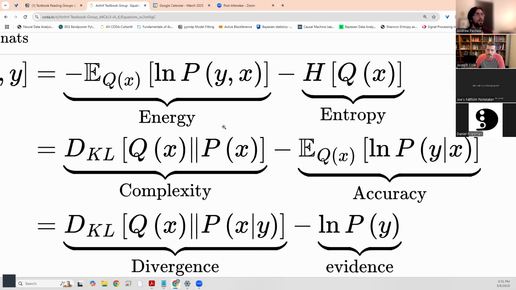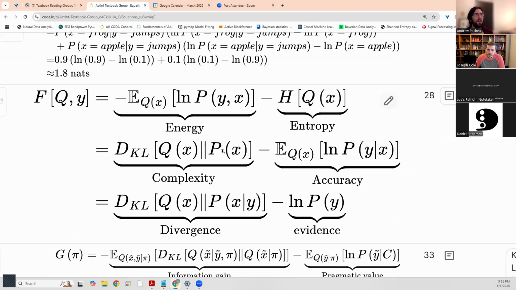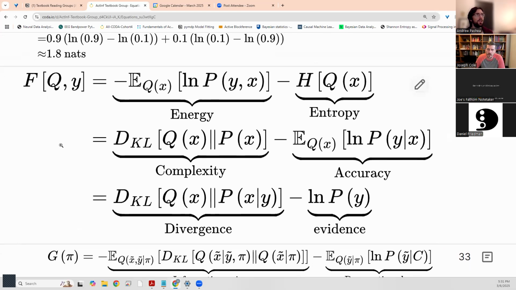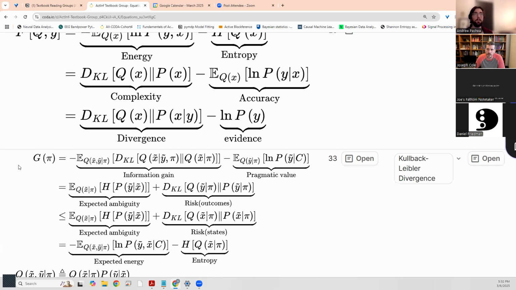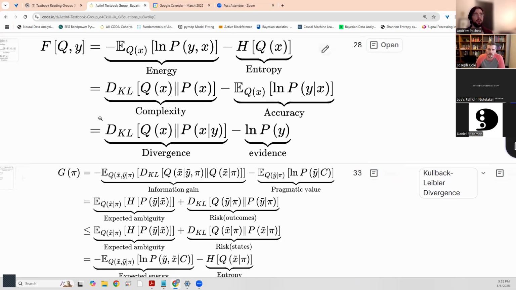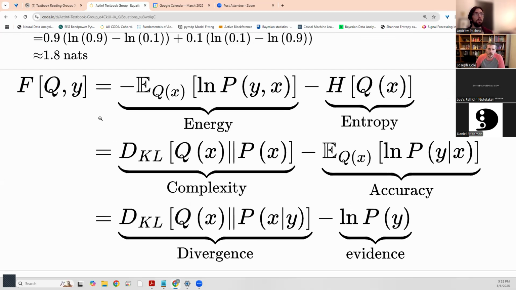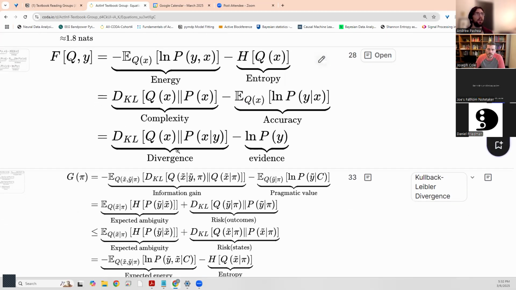Yeah, sure, good question. If we use the phrase, is it just in the agent's head or the world? All of this would be in the agent's head. This is the agent's beliefs about states.